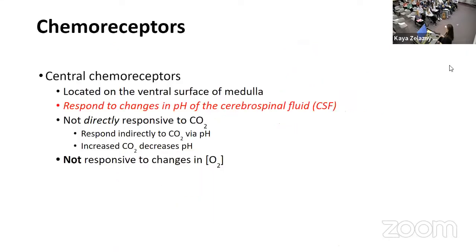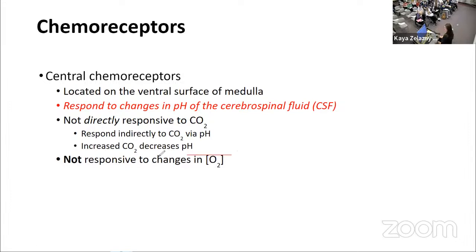In fact, our central chemoreceptors, the ones in your brainstem, in your central nervous system, don't respond at all to oxygen. The ones in your brainstem will not notice changes to the O2 levels. They do sense changes to the levels of carbon dioxide because that's so dangerous.